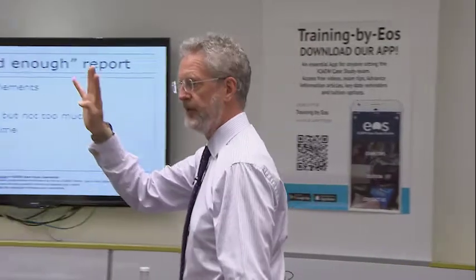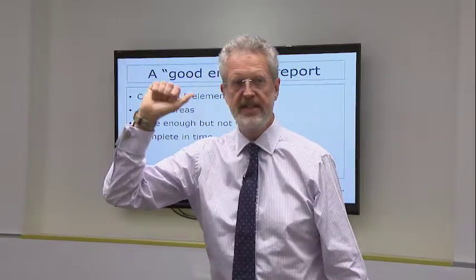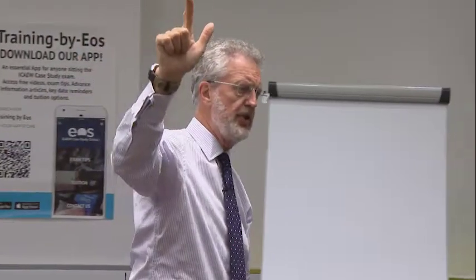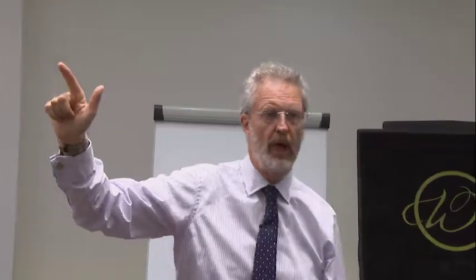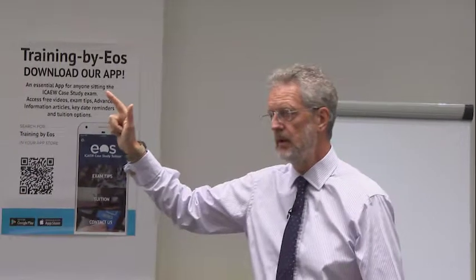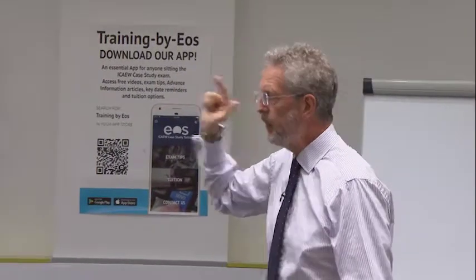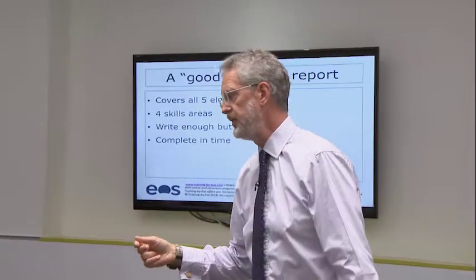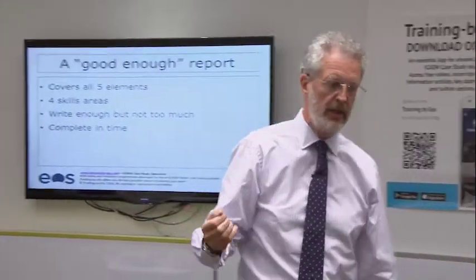Then you also have to demonstrate 4 different skills. Assimilating and using information, structuring problems and solutions, what I call analysis, applying judgment, which covers a number of different skills, including evaluation, skepticism, and dealing with ethical issues, and then drawing conclusions and making recommendations.